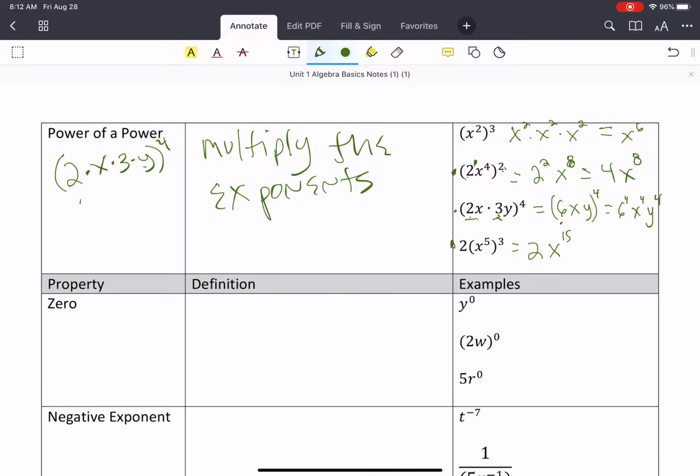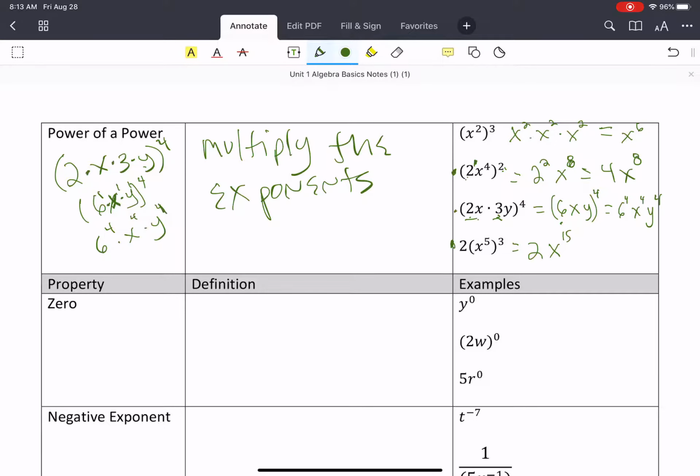And 2 times 3 is 6. And now it's simplified, so now I'm going to apply the power of a power rule. I can't see an exponent on any of these, right? So it's all the invisible 1. And 1 times 4 is 4. So they all end up with an exponent of 4.